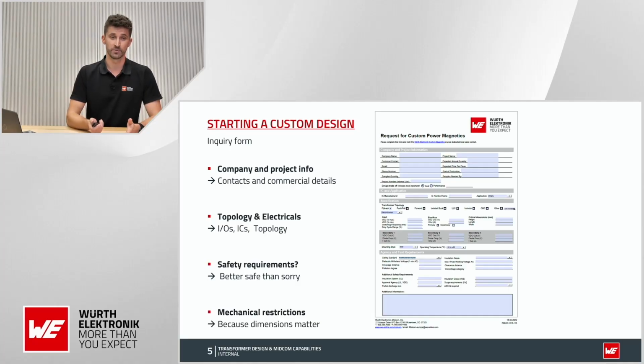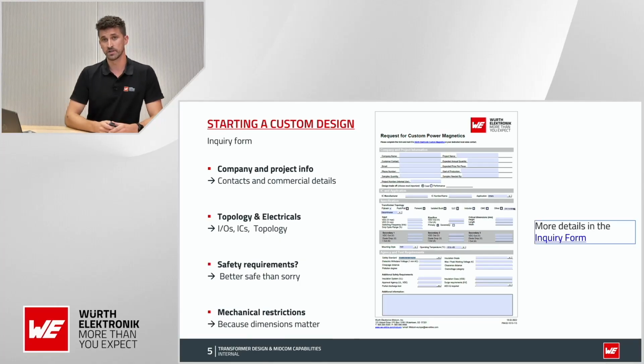Then we need to know if you have any mechanical restrictions in your PCB, for example height, length, and width, and if you have any preferred pin shape. You can see the other details more in depth in the inquiry form. I will attach the link to the presentation, and for any other question, you can get in touch with us.